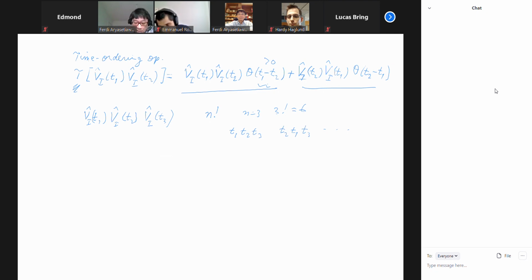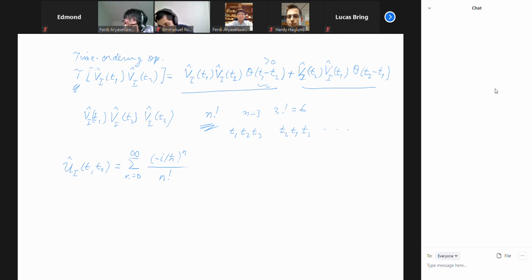So this time development operator can be written as a sum over n from 0 to infinity of (minus i over h-bar) to the power of n divided by n factorial. That n factorial is to take into account that there are n factorial ways of permuting the time variables.